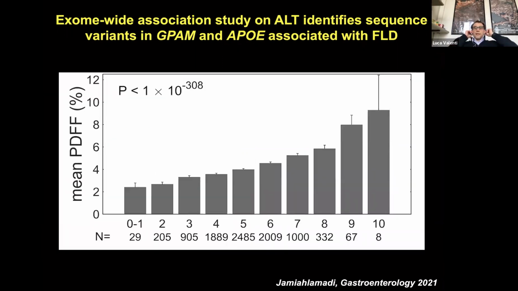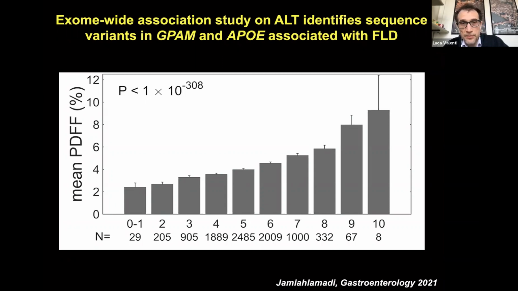And by combining all these genetic risk variants together, the main ones I showed you before, plus these two novel ones, again, we were able to stratify the risk of hepatic fat accumulation quite nicely in this population, being able to predict the hepatic fat content with a good level of accuracy.